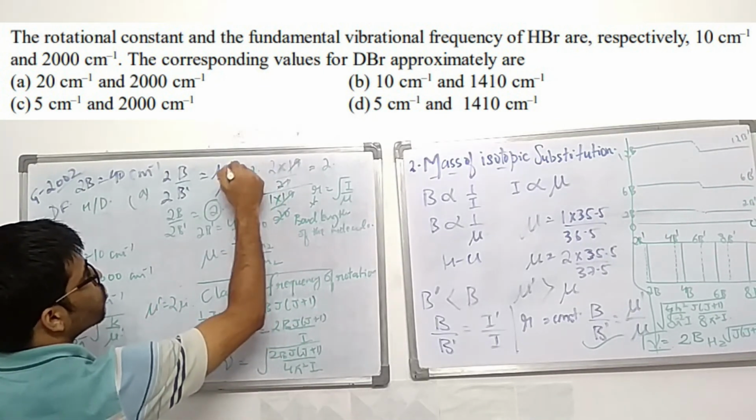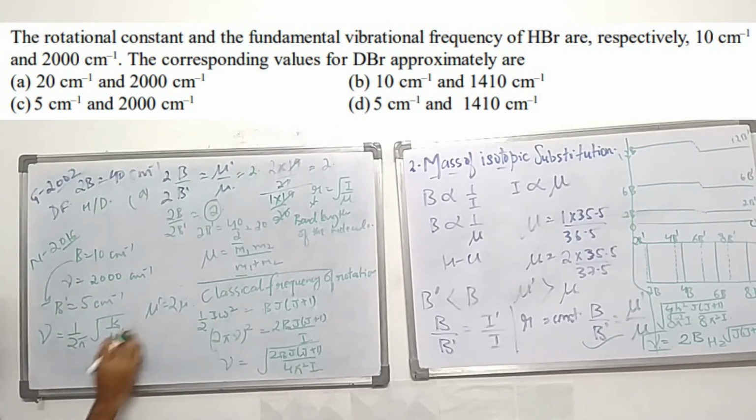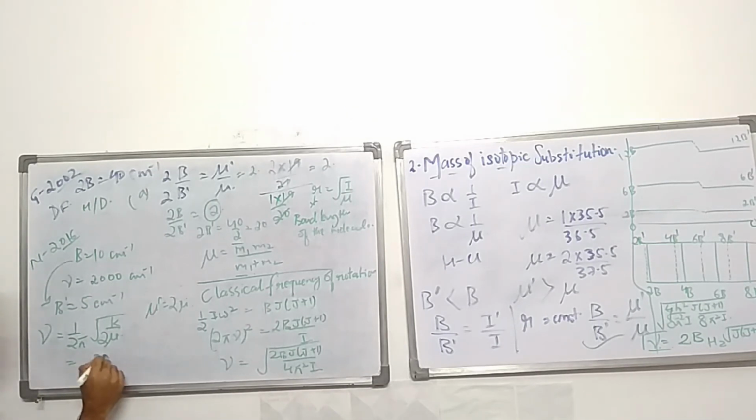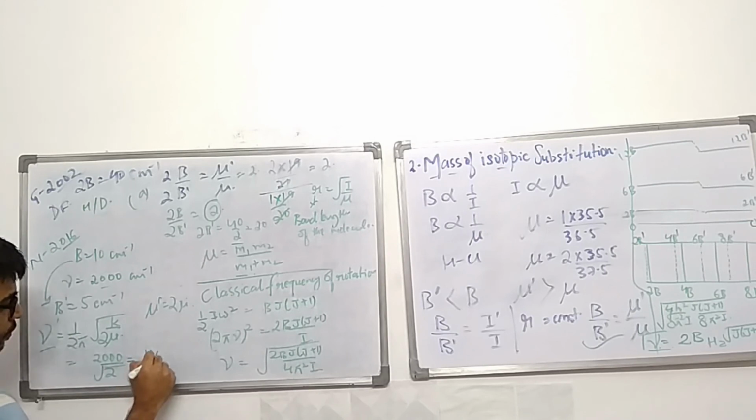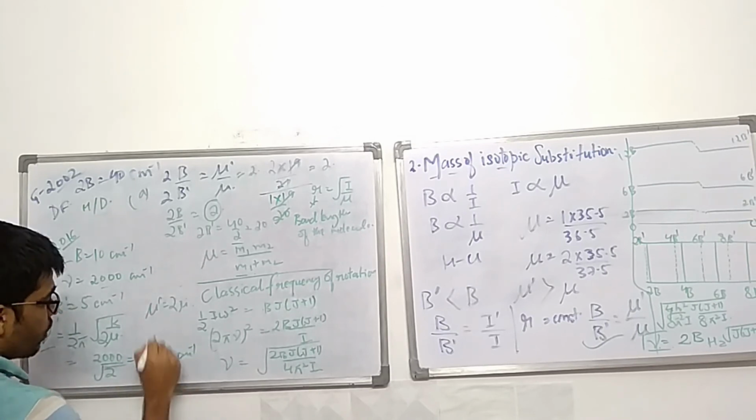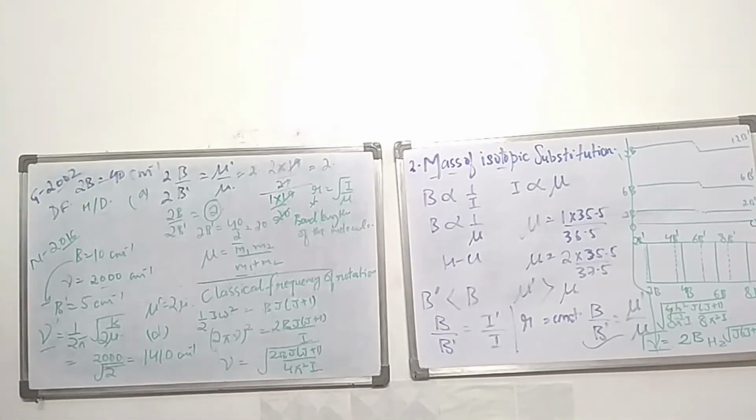So that means I am getting 2000 by under root 2. If I take under root 2 apart, I get 1 by 2 pi under root k by mu, which was the initial case. So this comes out to be 1410 centimeter inverse, and this is given in option number D.